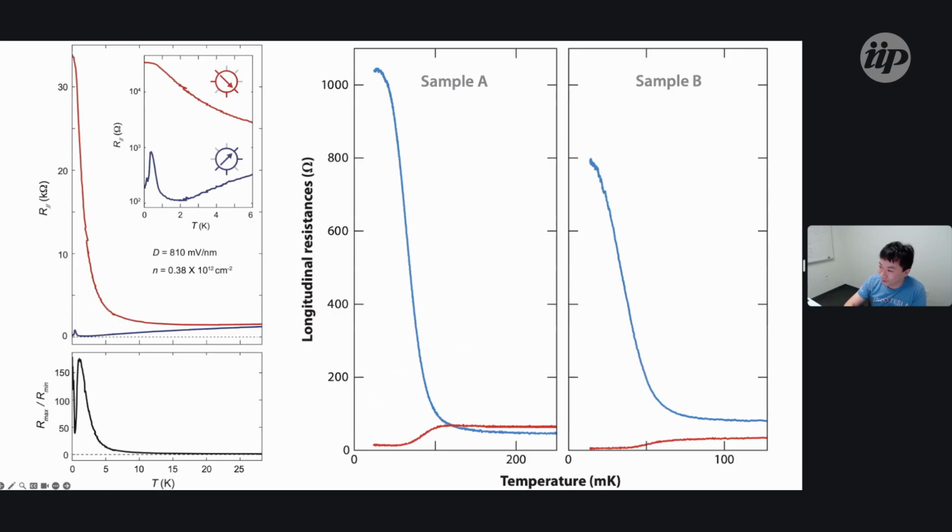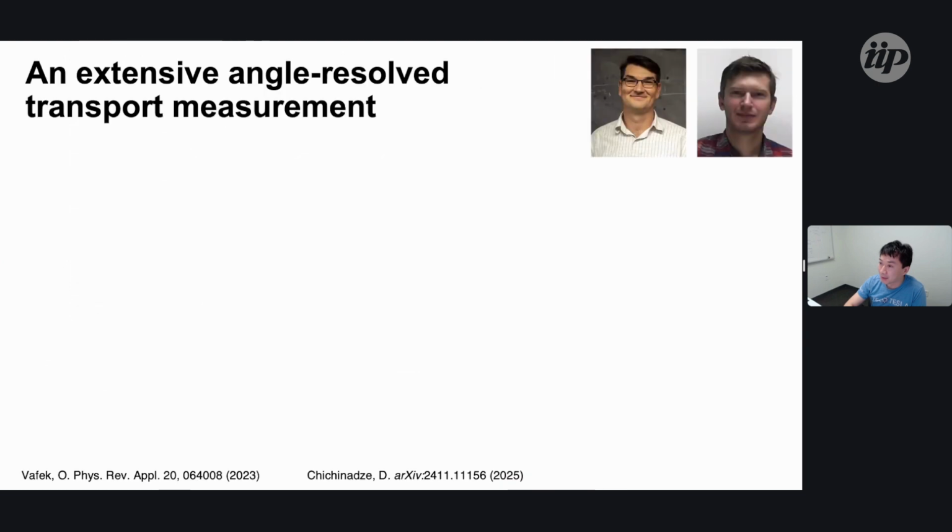So let me be careful with the language. Right now we're looking at extreme transport anisotropy, and we can do more characterization of what's happening here. And the one thing that we rely very heavily on is what we call an extensive angle resolved transport measurement. We benefit from the collaboration with Oscar and Dimitri, where they figured out a way of doing this, and they taught us how to do it.